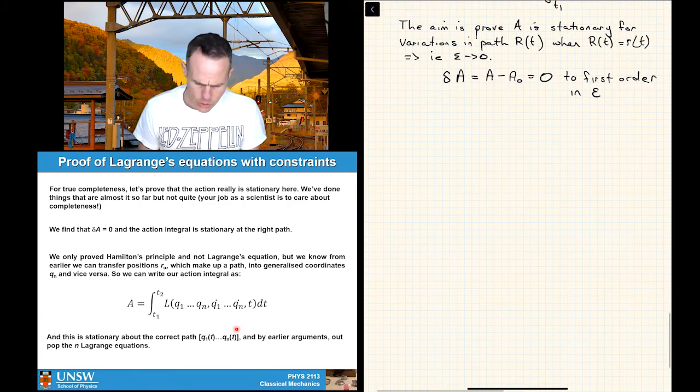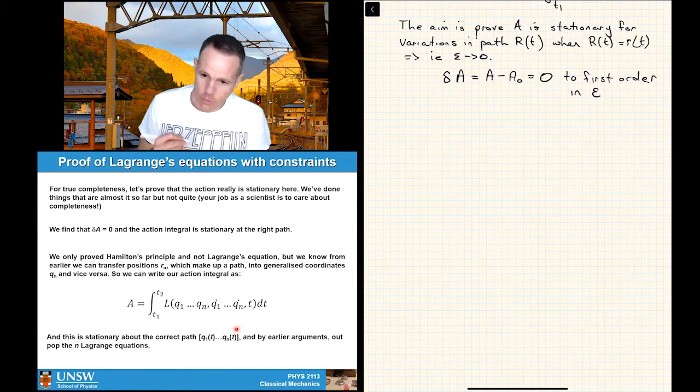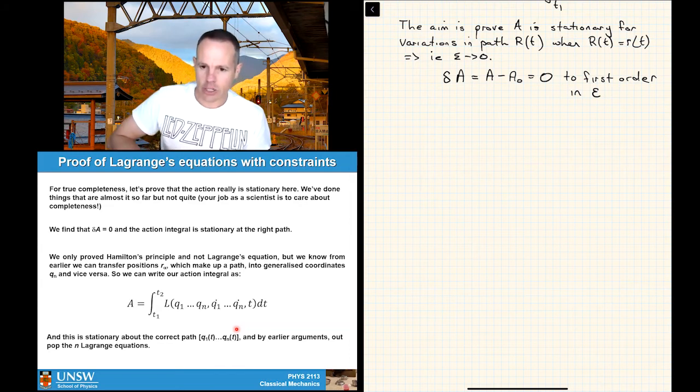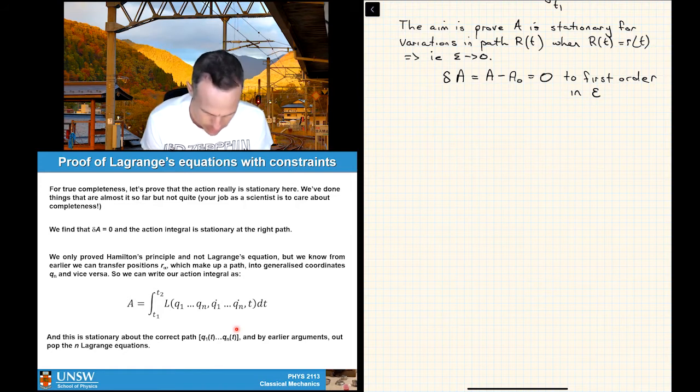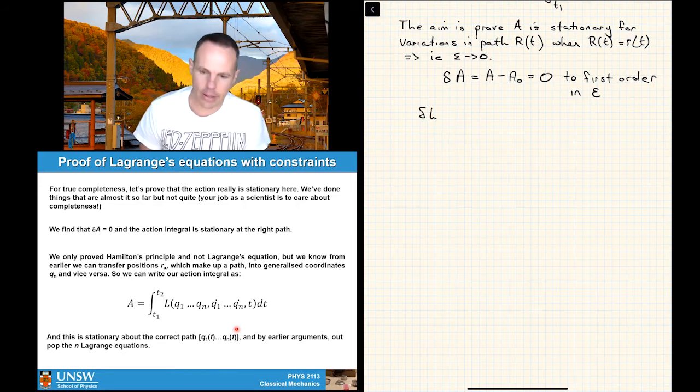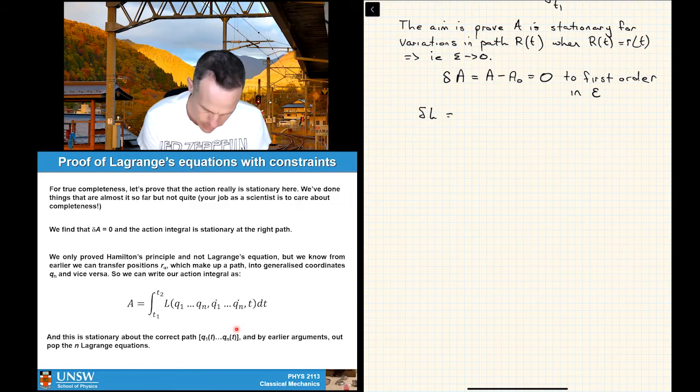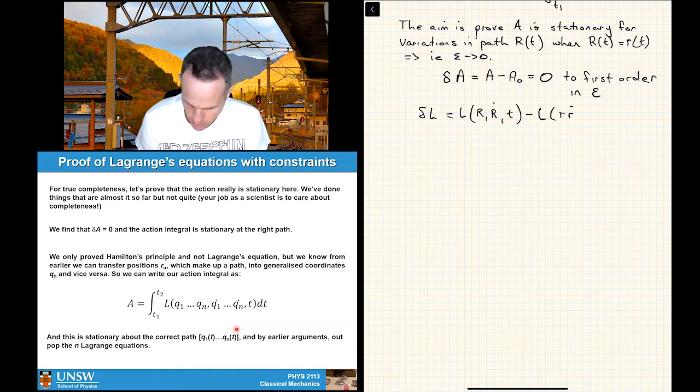And the reason why we do this is that we're going to work not just on the action, but the action is an integral of Lagrangians. So we can basically make a thing here that we call delta L that is the Lagrangian for the wrong path, R dot and t, minus the Lagrangian for the correct path, r dot and t.